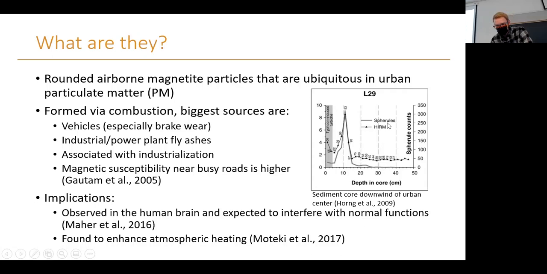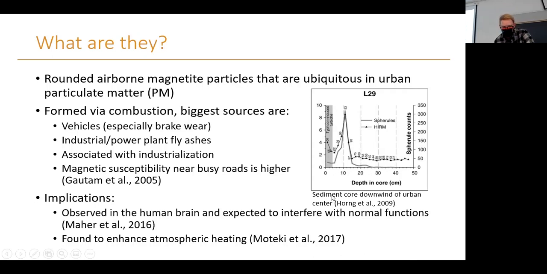If you'll turn your attention here, just ignore this Herm value and focus on this gray line. So this comes from a sediment core downwind of what was once a village in Taiwan that rapidly industrialized into a major urban center. And that took place right about here.